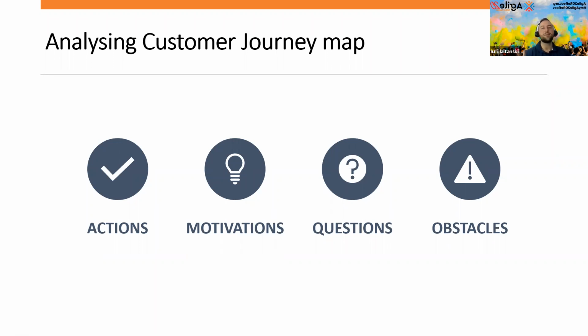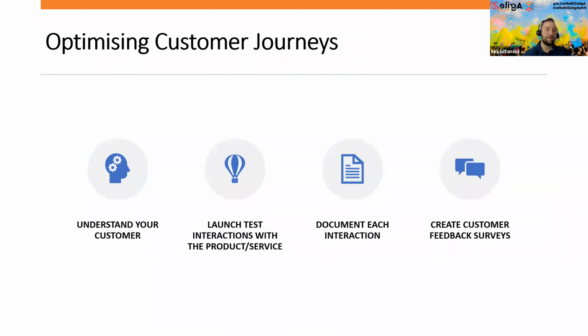So what are the obstacles on the way between the customers and the excellent experience of the journey? In order to optimize the customer journey, we need, first of all, to understand our customer, right?